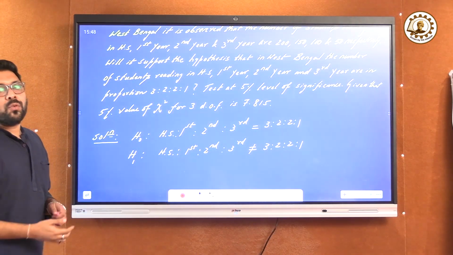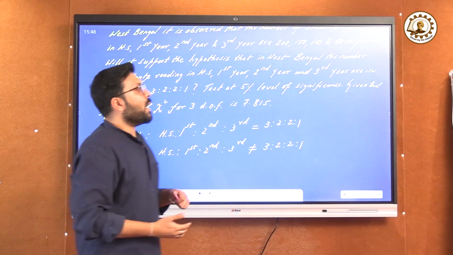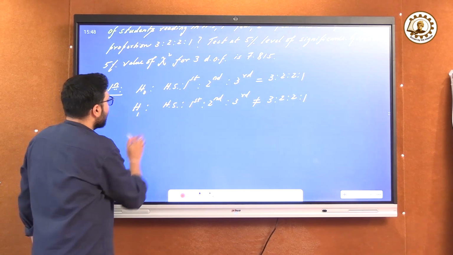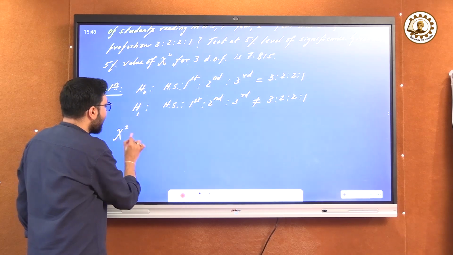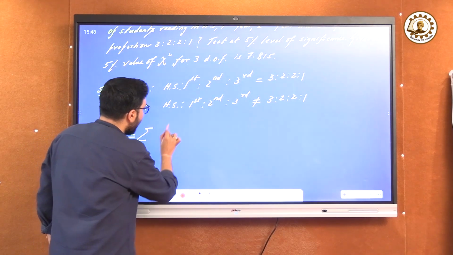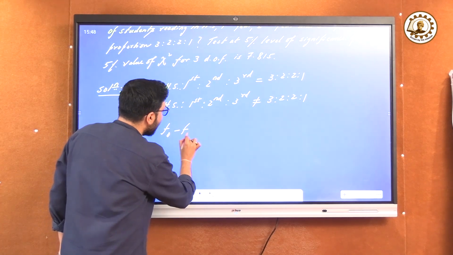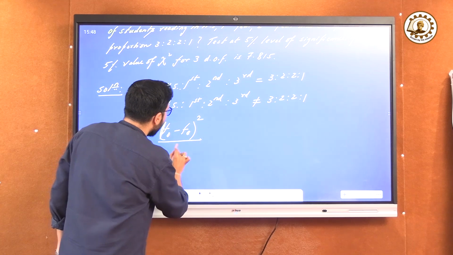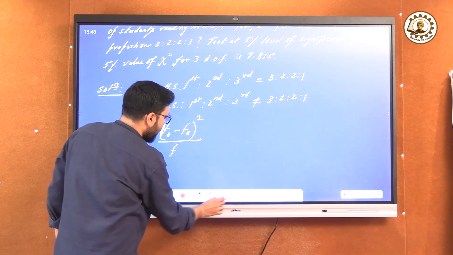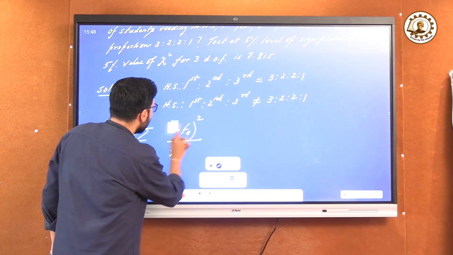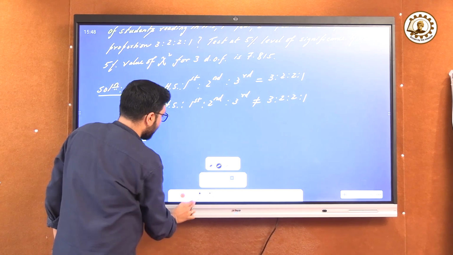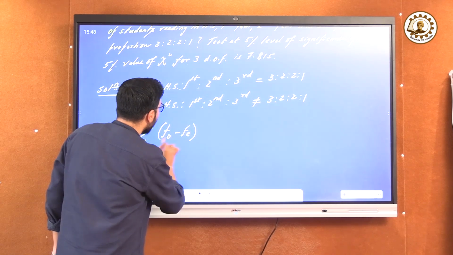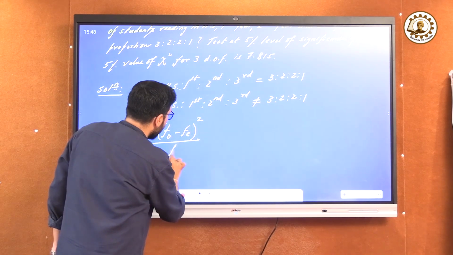Now first we have to understand how do we get the distribution. So first you see the chi-square test. For chi-square test, the formula is FO minus FE whole square divided by FE. I repeat once again, it is FO minus FE whole square by FE.